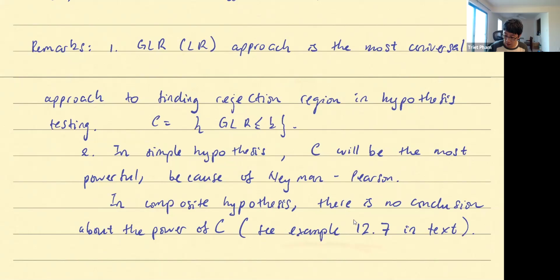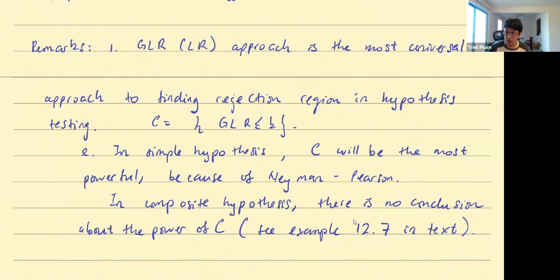The reason is that it gives you an example where the likelihood ratio approach does not give you the most powerful one. Clearly, it gives something that is not as powerful as some other rejection region. So it gives you an example where this is not the most optimal region to use.